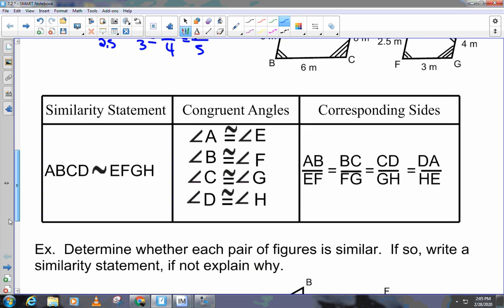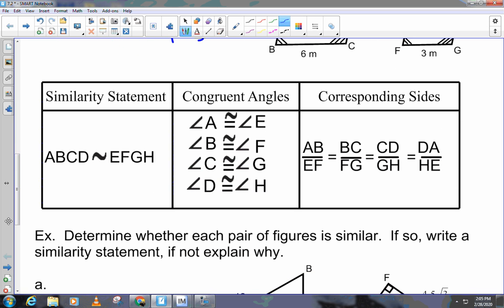How do we write similar figures? It's a lot like congruent figures, except we use a similarity symbol, and the corresponding order is important. If I write ABCD is similar to EFGH, my A and my E are going to have the same measure. I know that just by looking at the similarity statement.